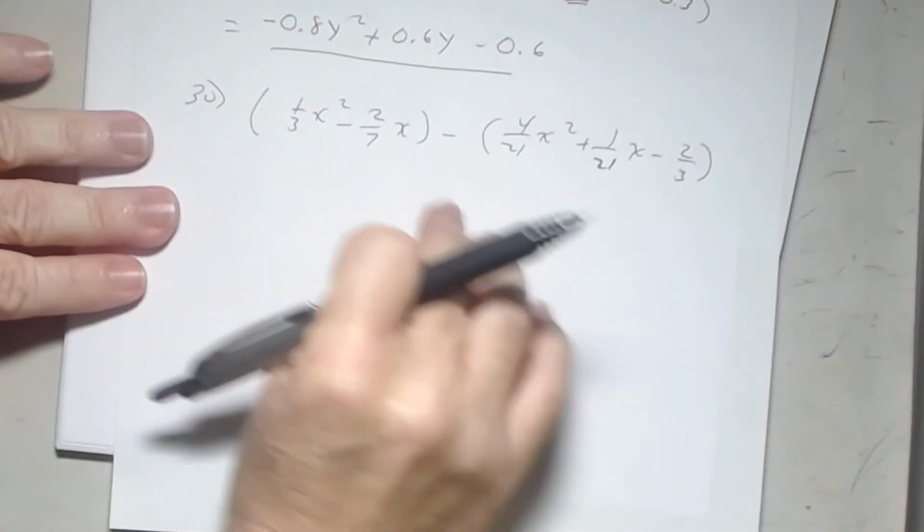Am I adding or subtracting those two polynomials? Subtracting. What must I write it as? Addition. So that's where you're going to add the opposite.